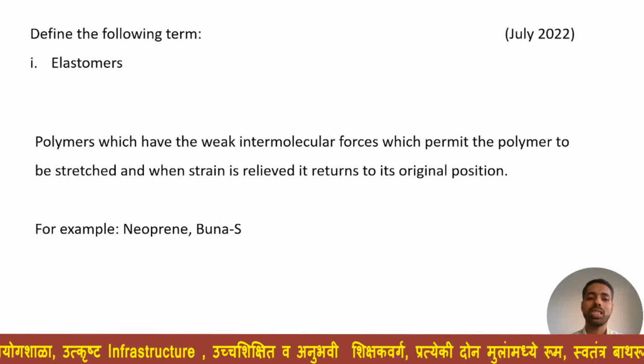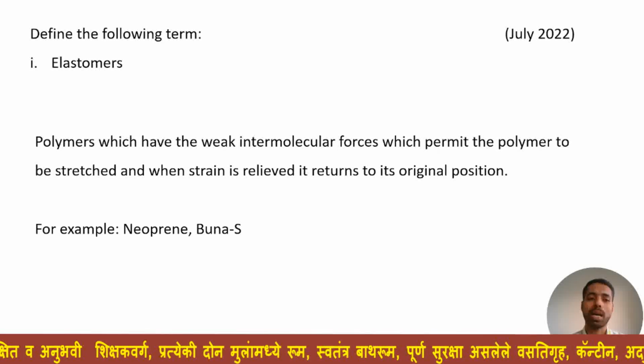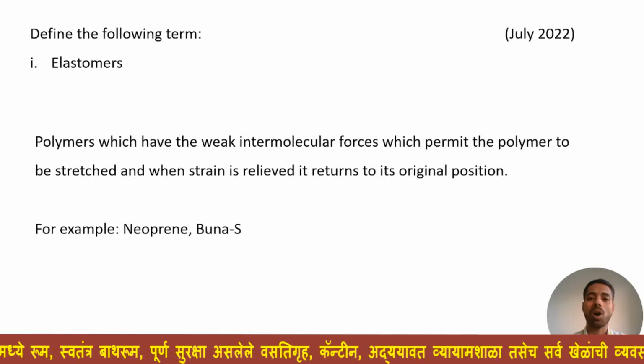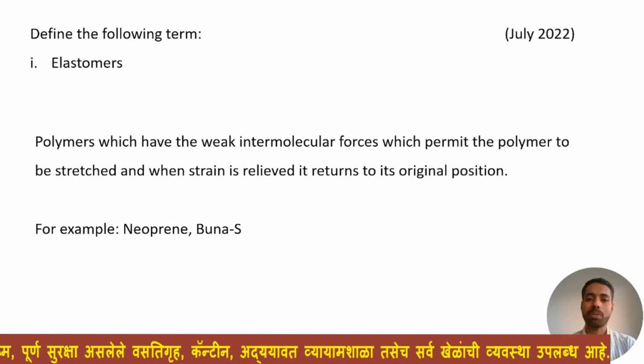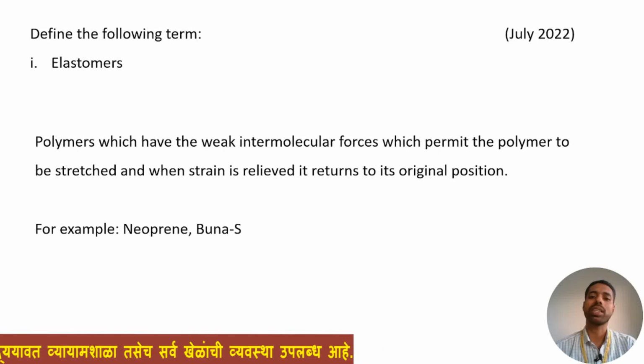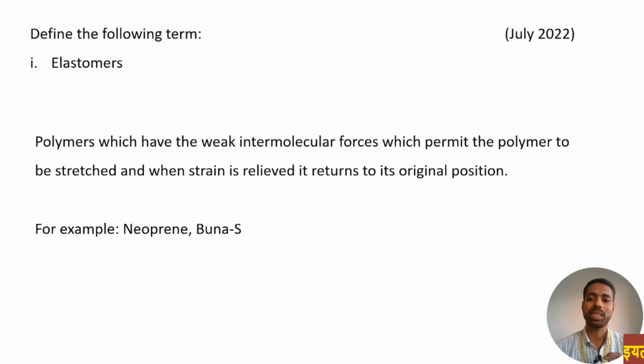So this is how we can define the elastomers or rubbers. Some of the examples are neoprene, Buna S, natural rubber or Buna N. These are some examples for elastomers or rubbers. This was asked again in July 2022.